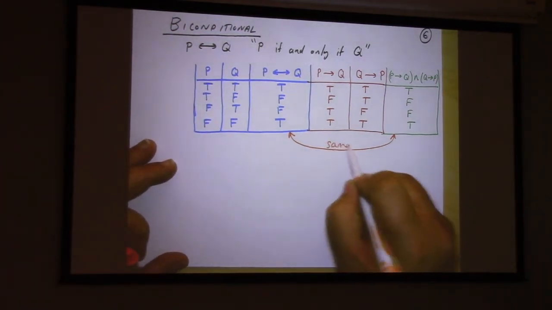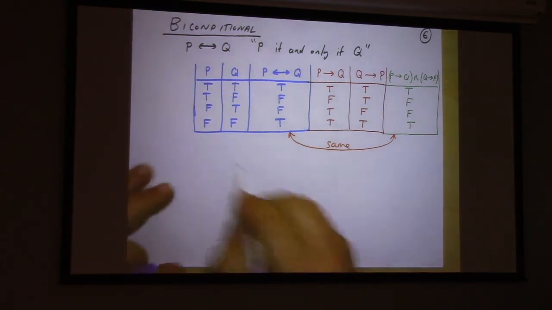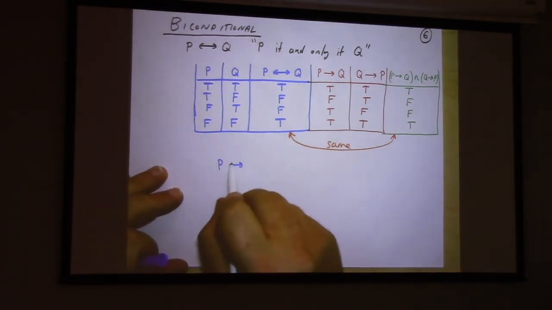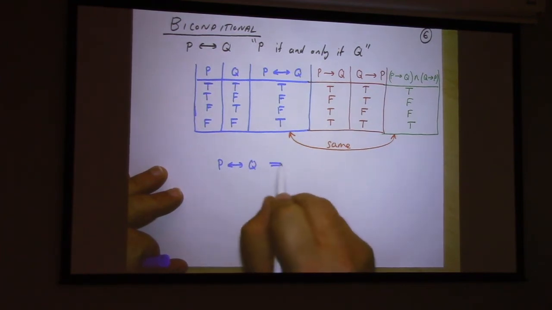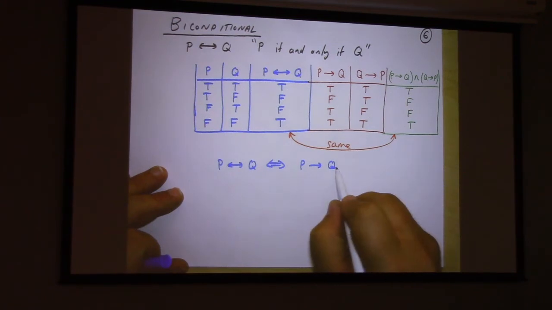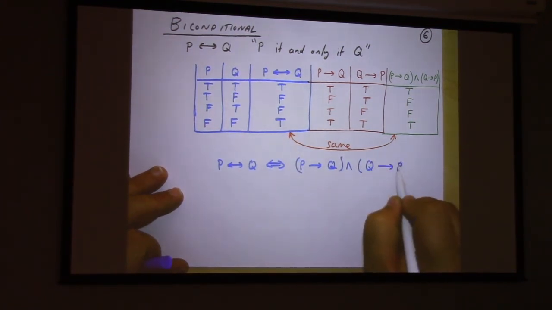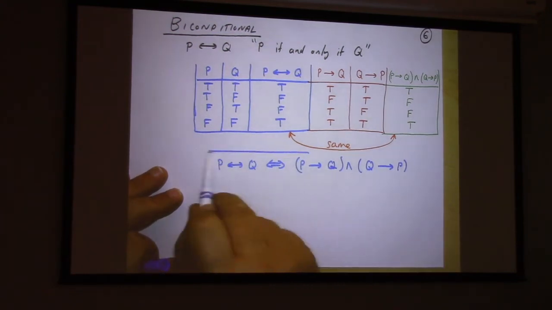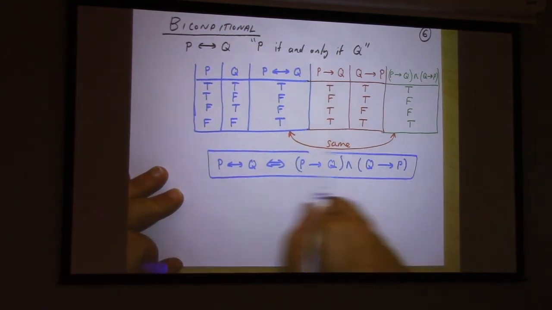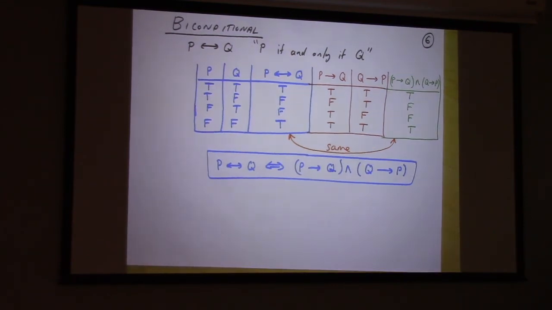So what we get from that is the logical equivalence of P if and only if Q is interchangeable with P implies Q, right? And Q implies P. So this is the biconditional, and that's why we call it biconditional, because it's both conditions at once, right?